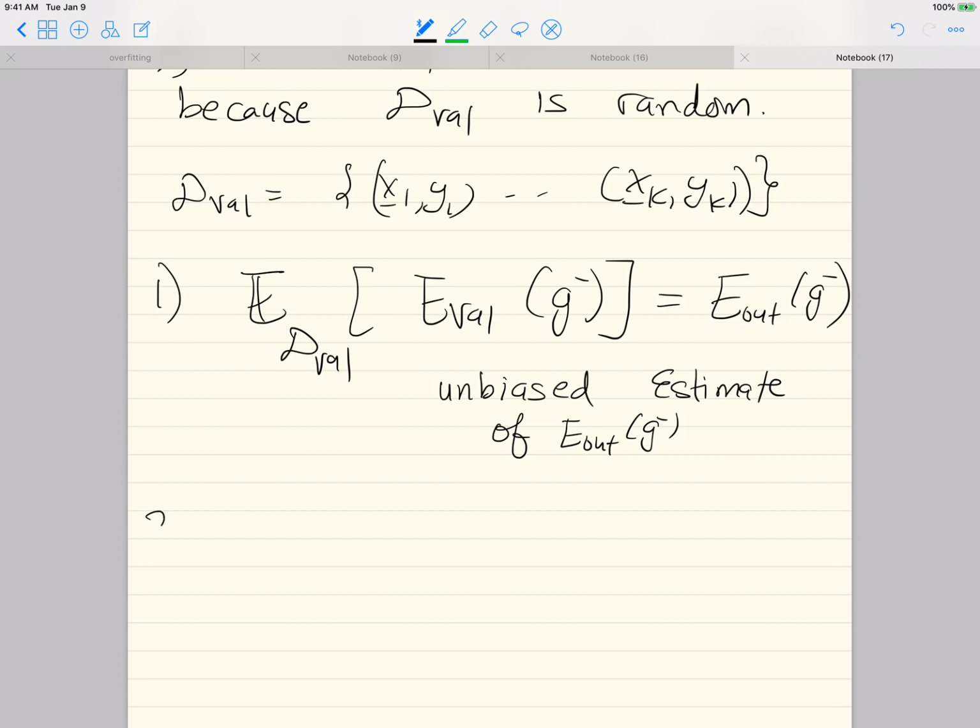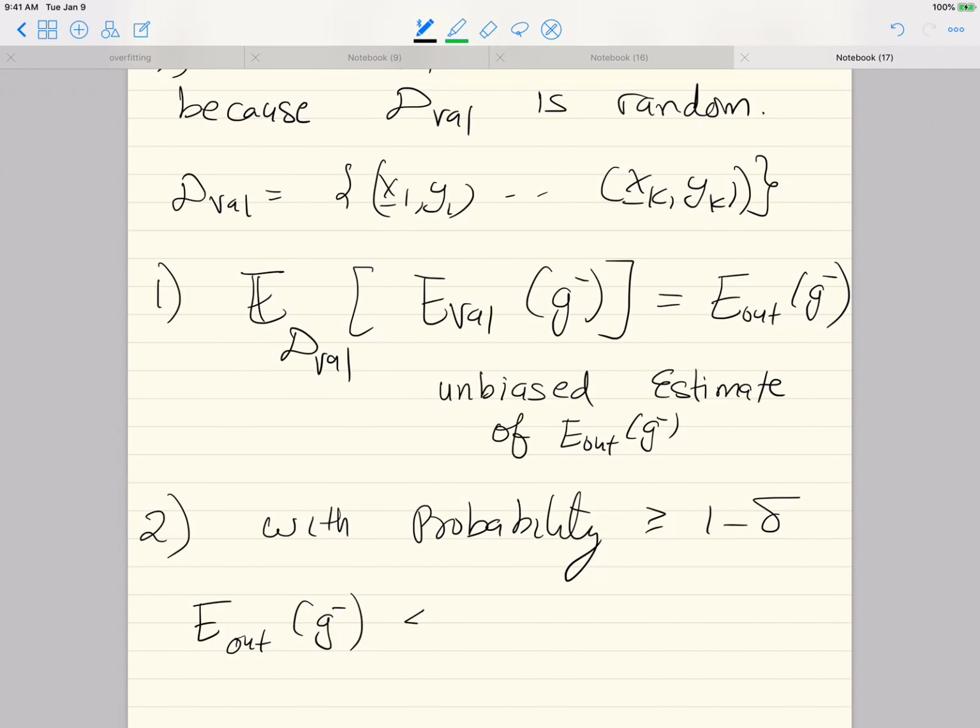The other property is the following. With probability greater than 1 minus delta, so with high probability, it turns out that E_out of G minus will be less than Eval of G minus plus this quantity, square root of 1 by 2k log 2 by delta.